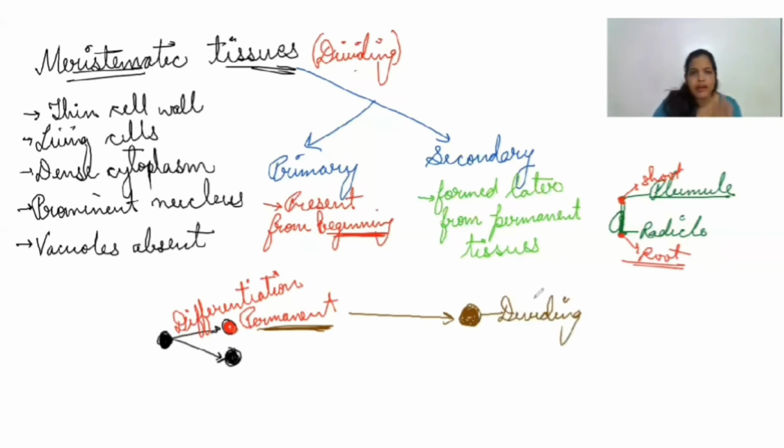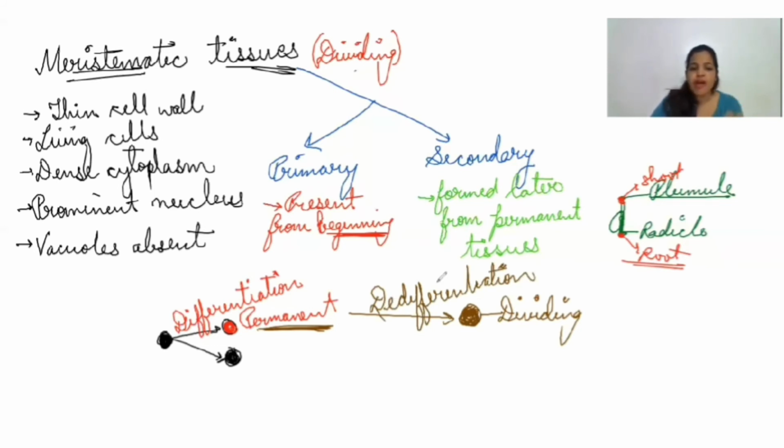After becoming permanent, means losing division capacity, they regain division capacity, and this process is known as dedifferentiation. Clear?